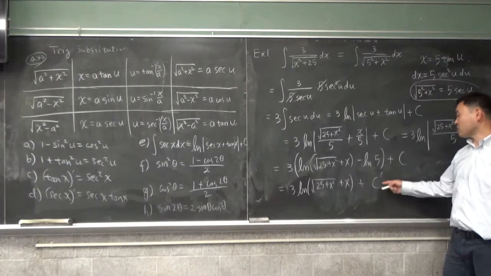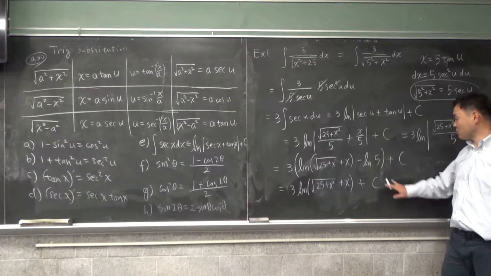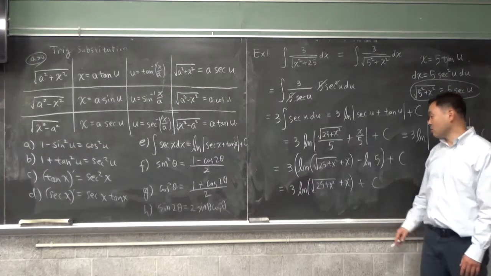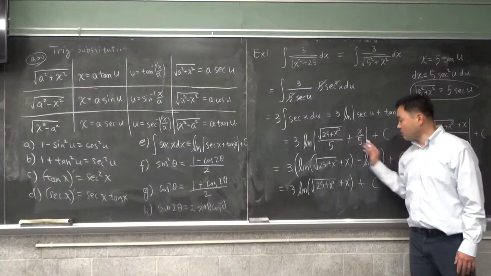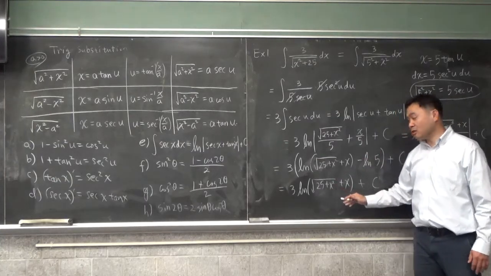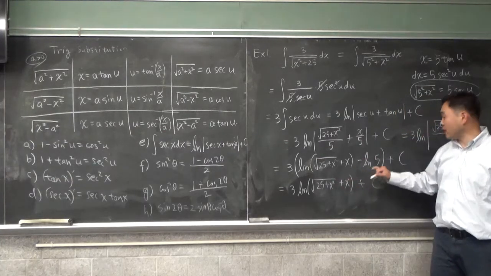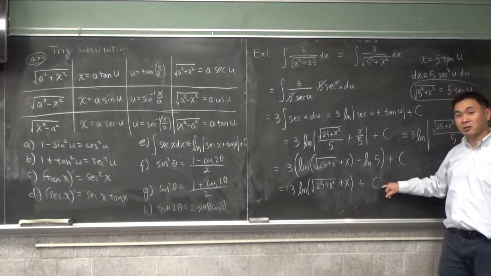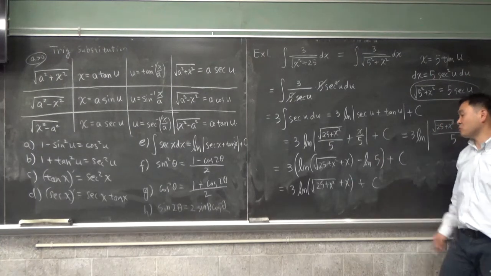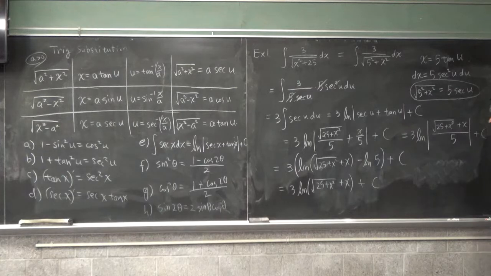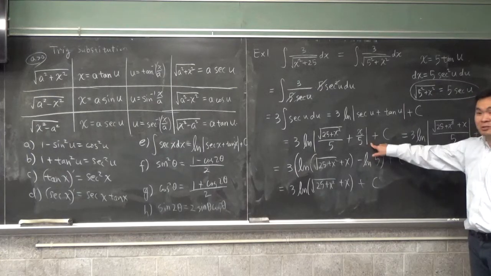But who cares if it's called c prime or c? We can just rewrite this as c. So although this function itself is different from this function, you can just absorb that extra constant into the other arbitrary constant, and this will be the fully simplified answer. But if you do this, this will be full credit.